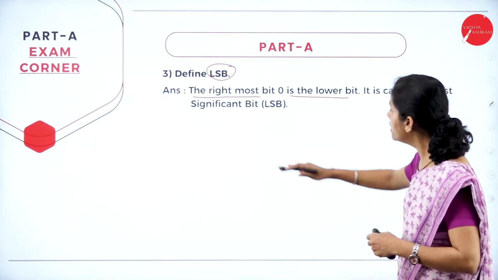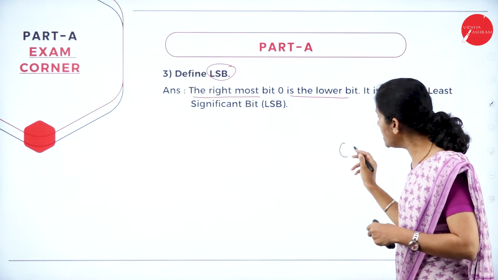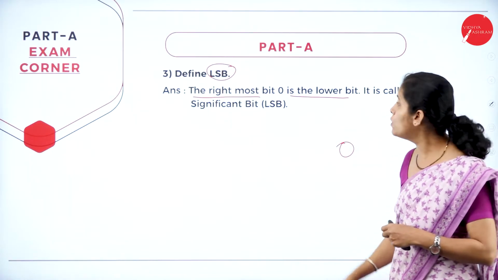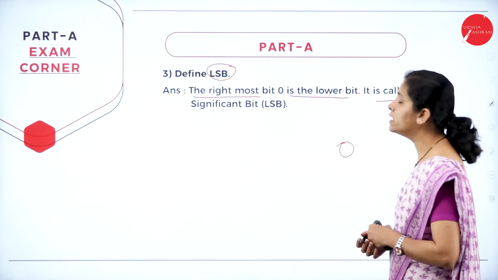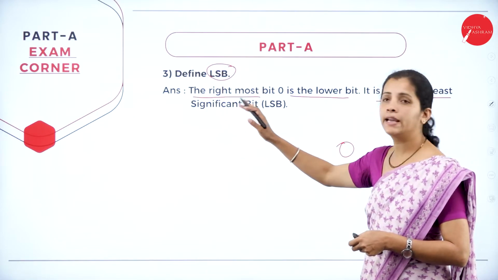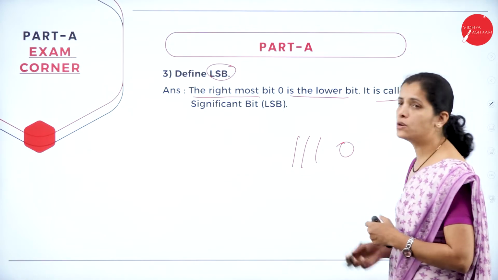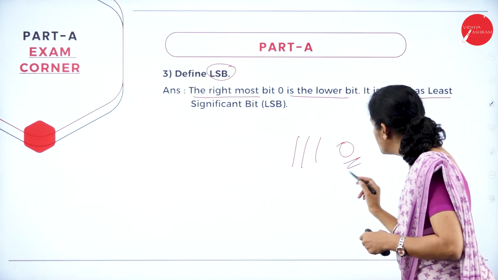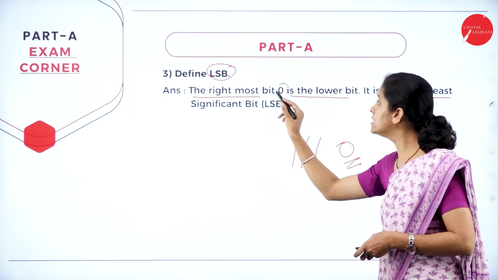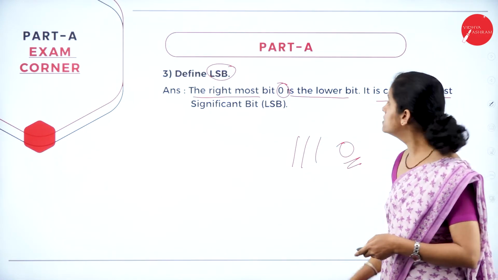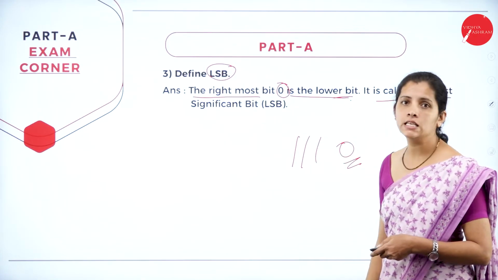If I consider any binary digit, the rightmost bit is called least significant bit. For example, if I consider 110, then this 0 is my LSB.